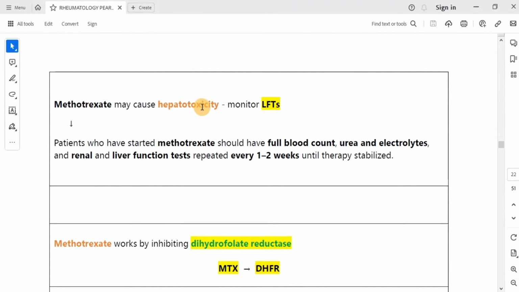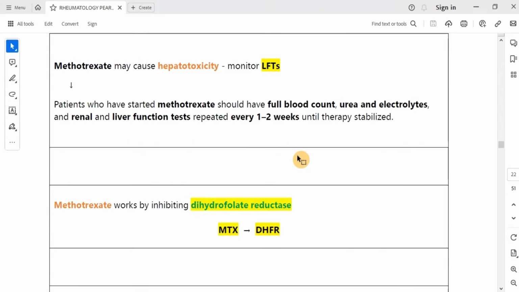MTX can cause hepatotoxicity, so monitor the liver function test. Patients who have started methotrexate should have full blood count, urea and electrolytes, renal and liver function tests repeated every 1 to 2 weeks until therapy is stabilized.